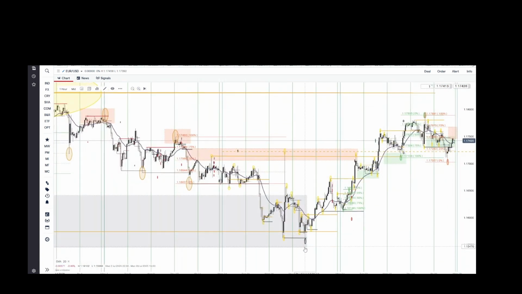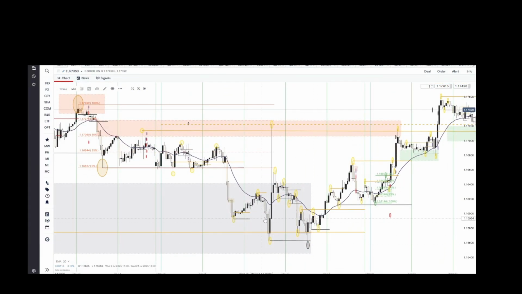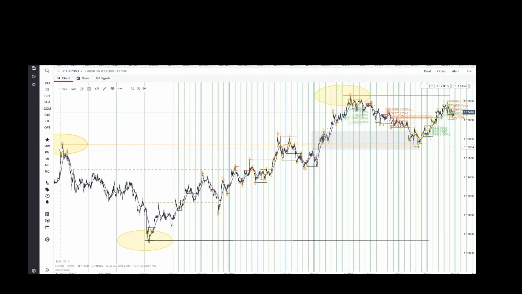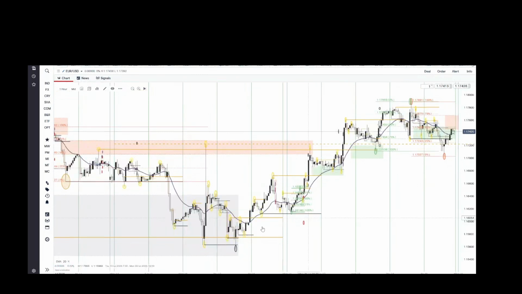But when you see price doing this, price just broke below the swing high, which is here, and reacted so bullish. Where did it go?